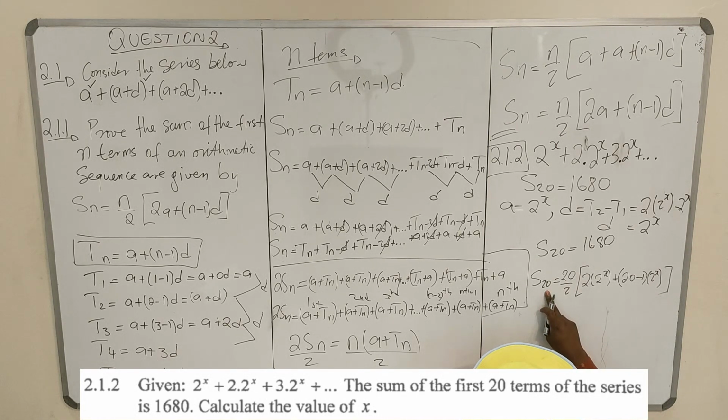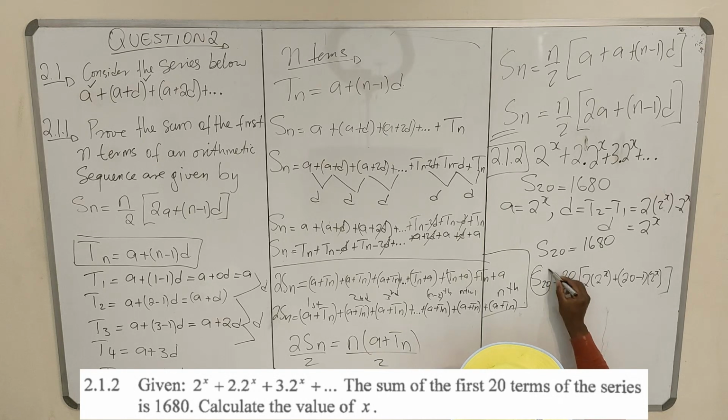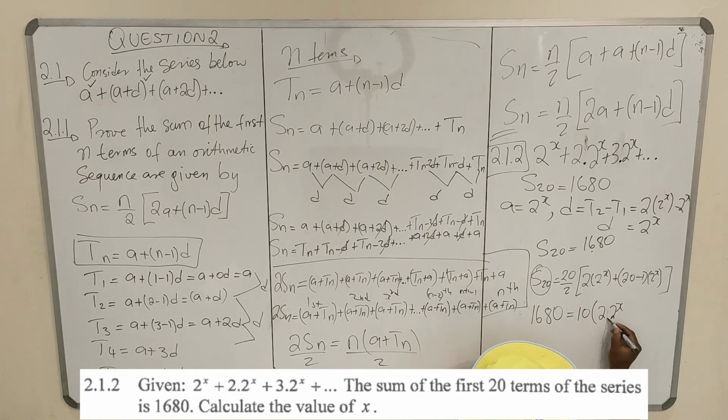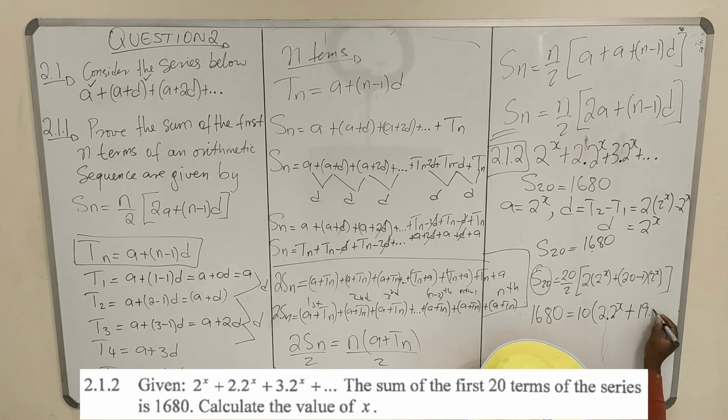But you know the value of this. The value of this is 1,680. So you have 1,680 is equal to 10 times 2 times 2 raised x plus 19 times 2 raised x.